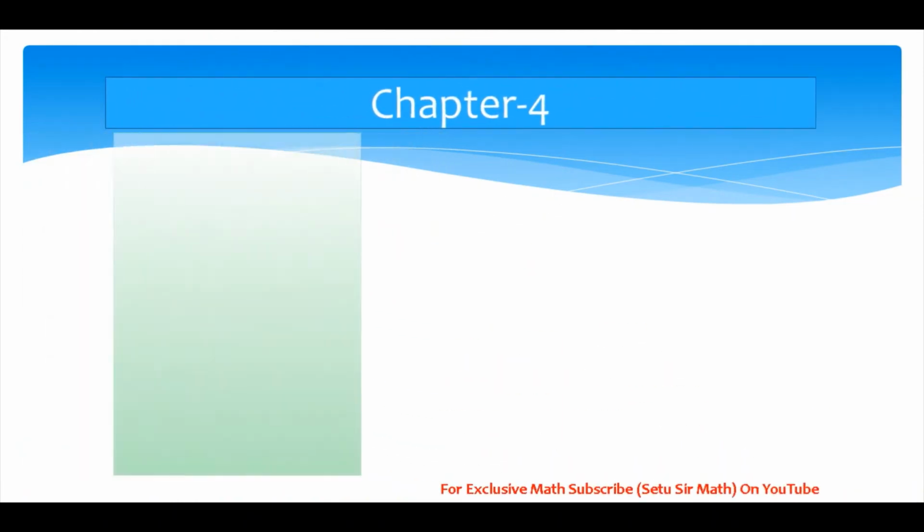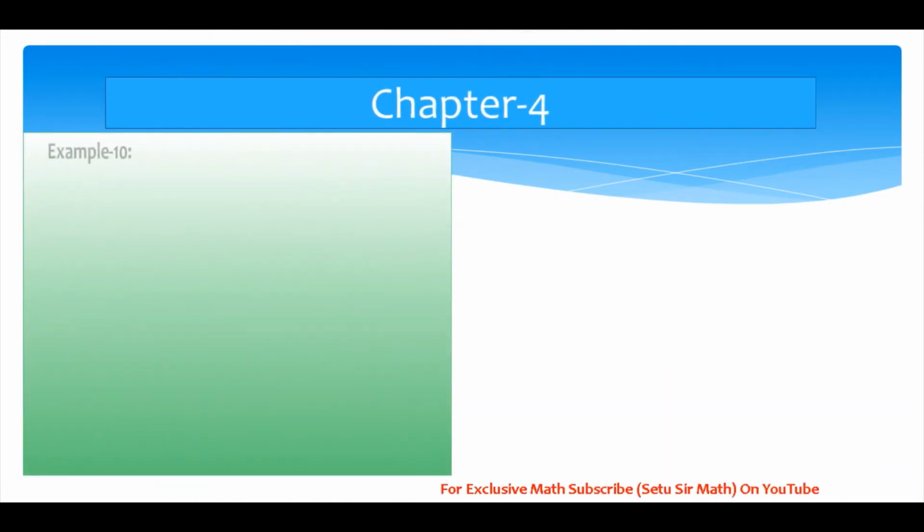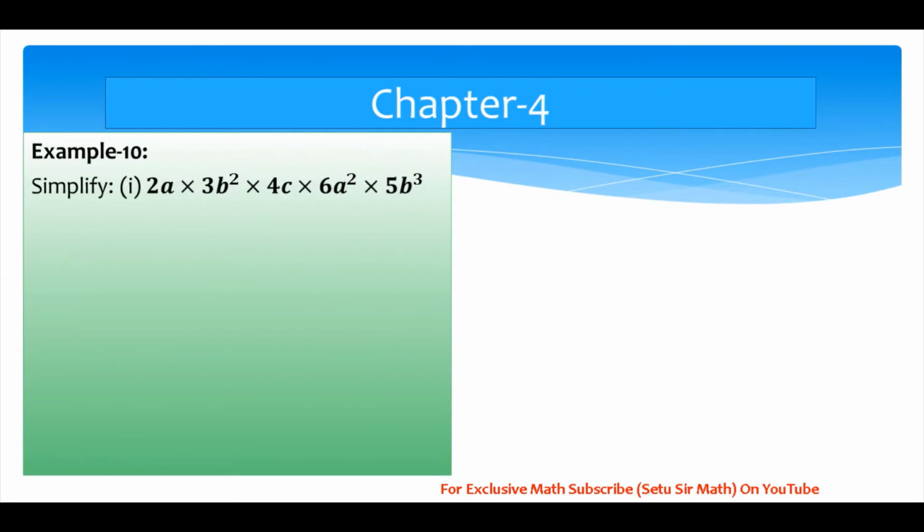Let's see another example. Example number 10. We have to simplify this. As you can see, here there are 3 bases: a, b and c. There are 3 different types of base.